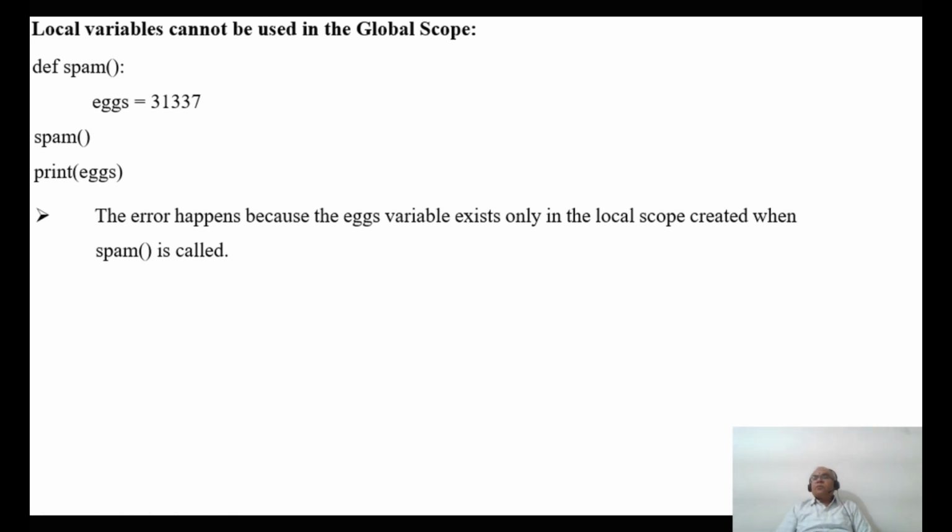The error happens. Why? Because the x variable exists only in the local scope, because you are assigning the value to a variable in a function. So that means it becomes a local variable.